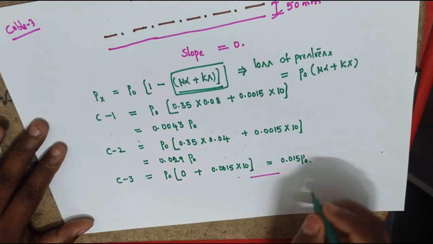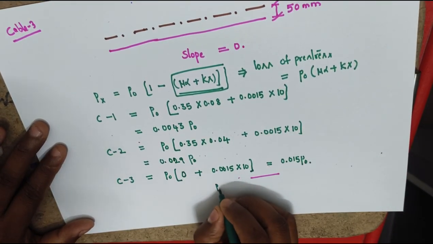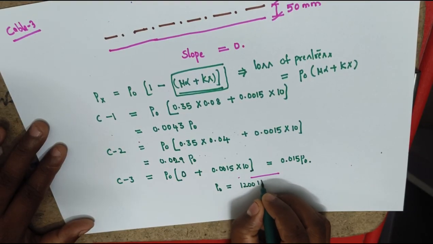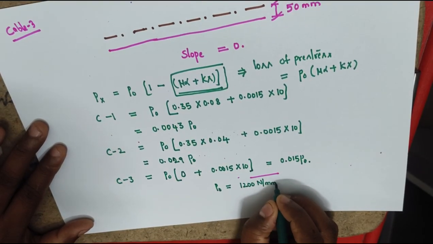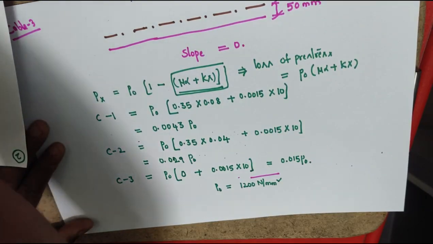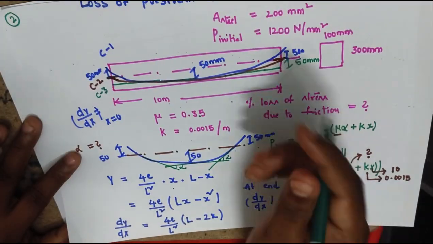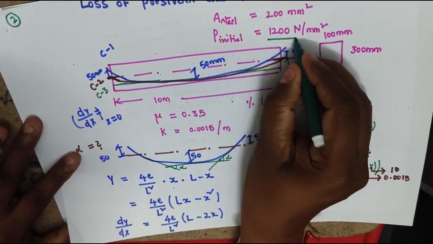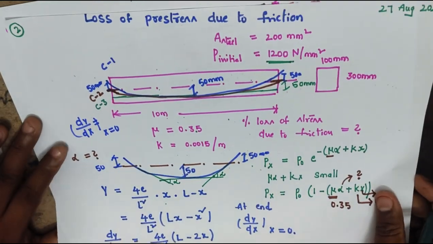We know the initial value. P naught is 1200 Newton per mm square, given in the question. P initial prestressing force, 1200 Newton per mm square is given.